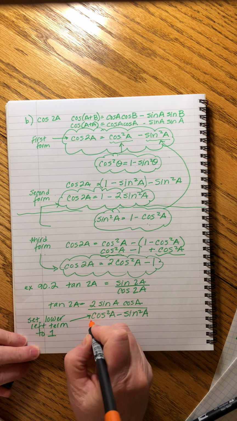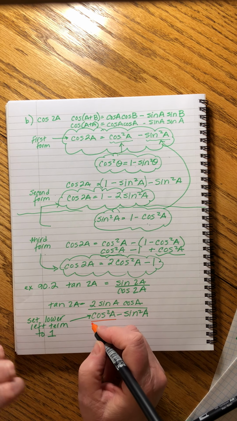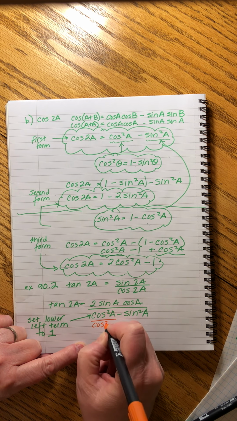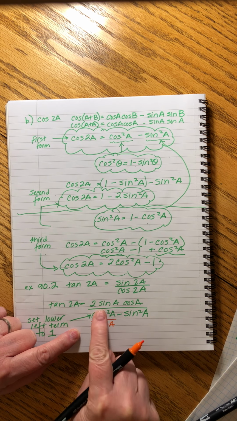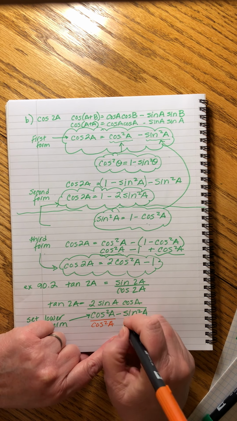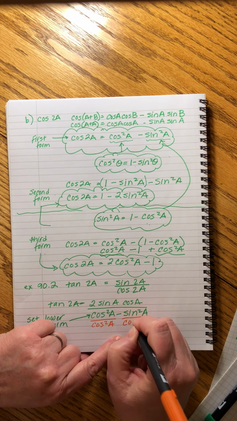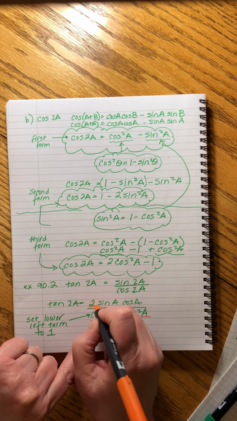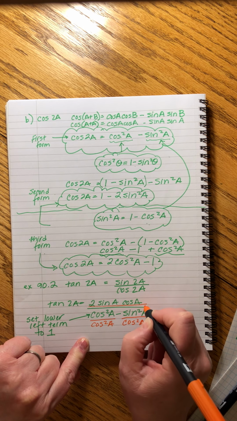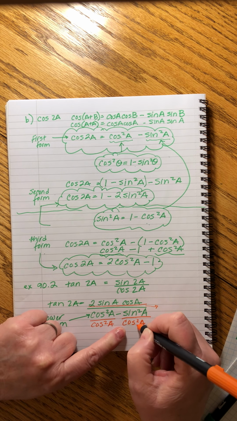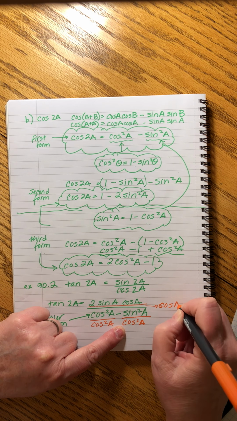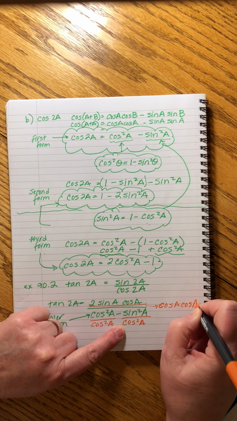We're going to divide everything by cosine squared A, because that will turn this into a 1. This, we also want to divide by cosine squared A. And also this, I'm going to squeak this in over here. But here, instead of writing it as squared, we're just going to write it out cosine of A times cosine of A. That's going to make it easier to cancel.